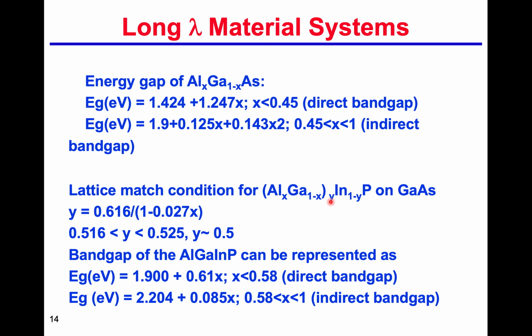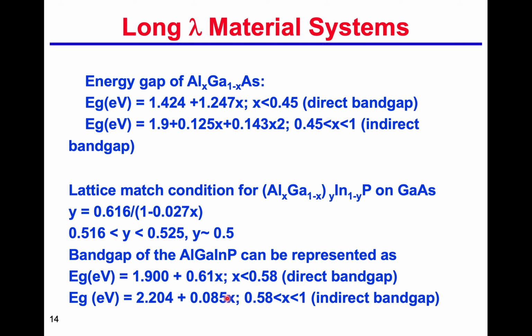Okay, so the 0.5 and 0.5. And we can change the ratio between aluminum and gallium. Then when we change the X value, we can tune the energy band gap.